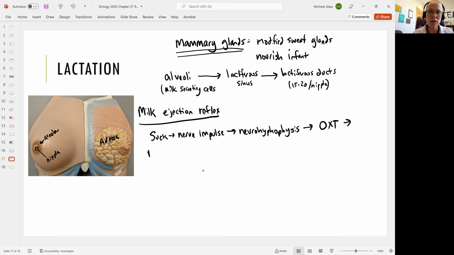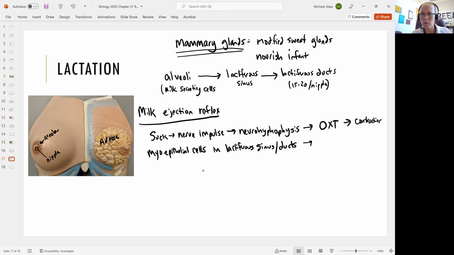Now, oxytocin is going to cause constriction of the myoepithelial cells in the lactiferous sinus and ducts, let me write the word contraction, in order to get the milk to be released.